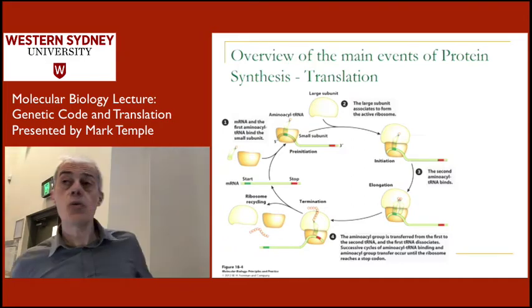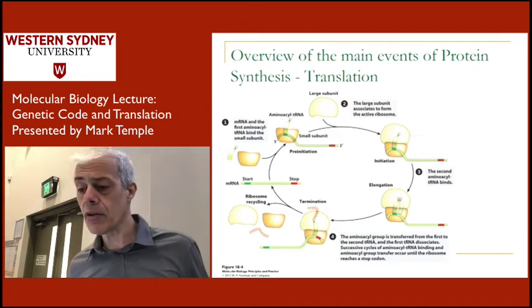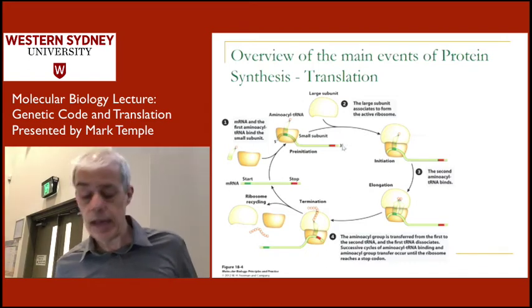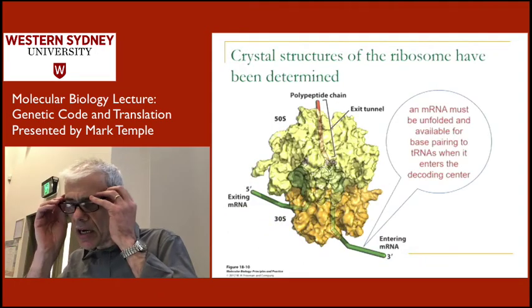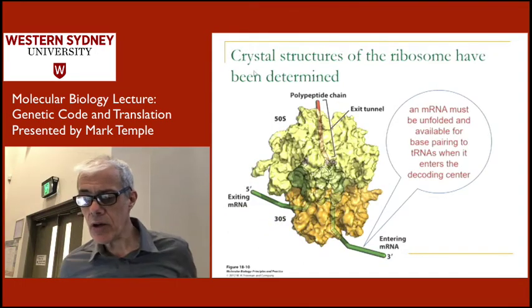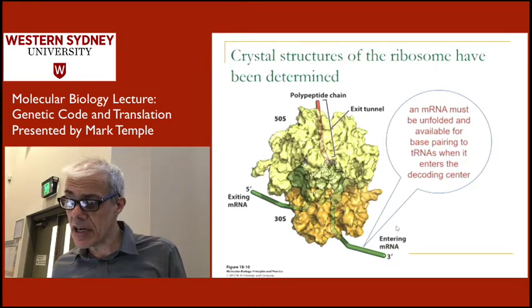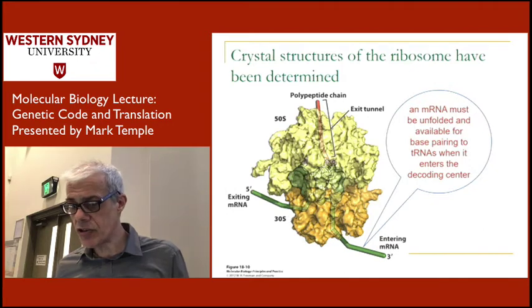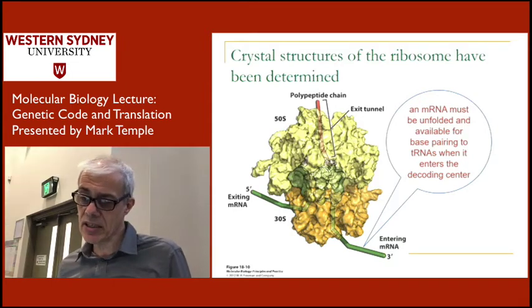Okay, so to continue where I left off, we just talked about this cycle of translation, and some of the key points, which I might have mentioned already, are that when you look at the three-dimensional structure of these complexes, you can see that there's a kink introduced into the messenger RNA, which is important, and these pockets here are important in bringing these amino acids together close in space.